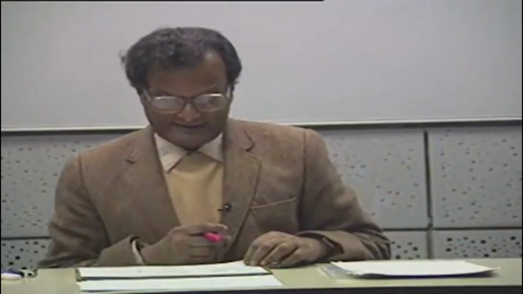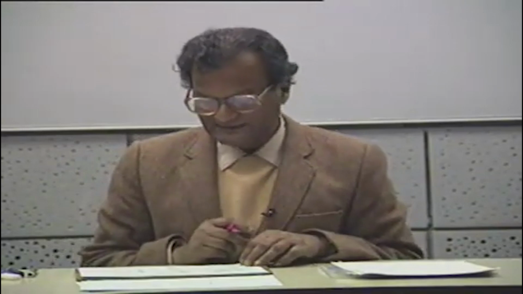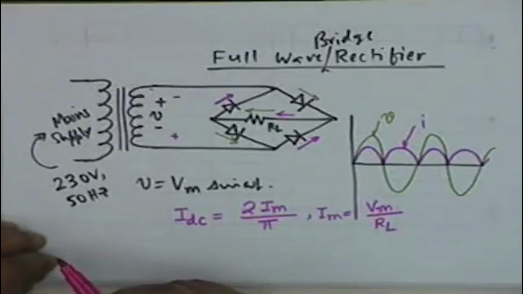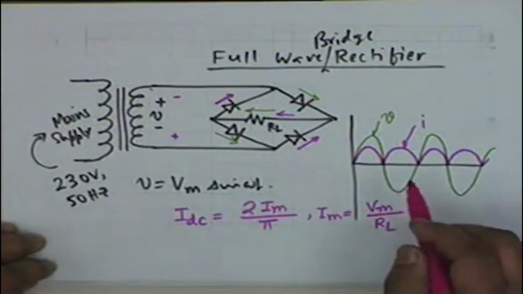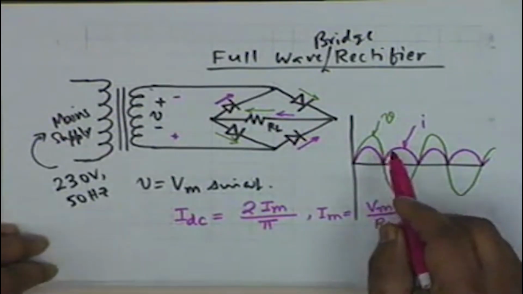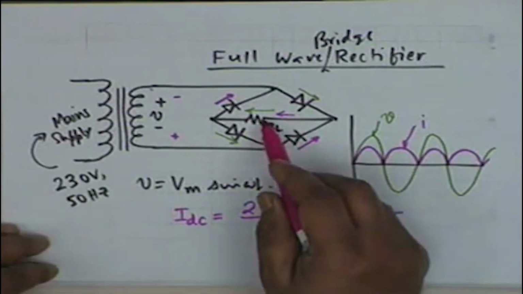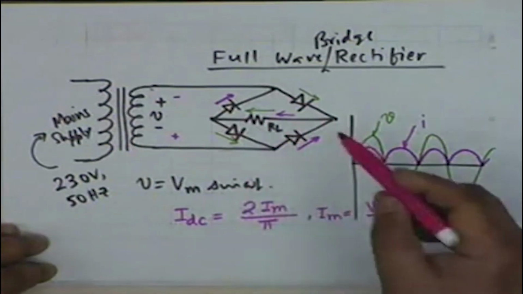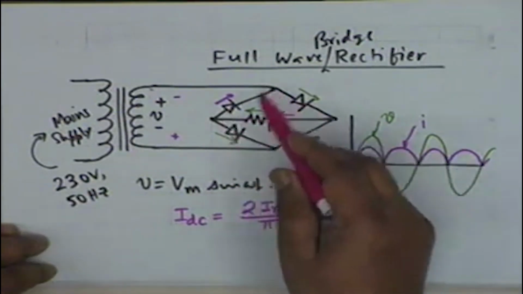One of the disadvantages of this circuit is that it uses 4 diodes, and that during each half of the waveform the load is in series with 2 diodes, 1, 2, similarly 1 and 2.